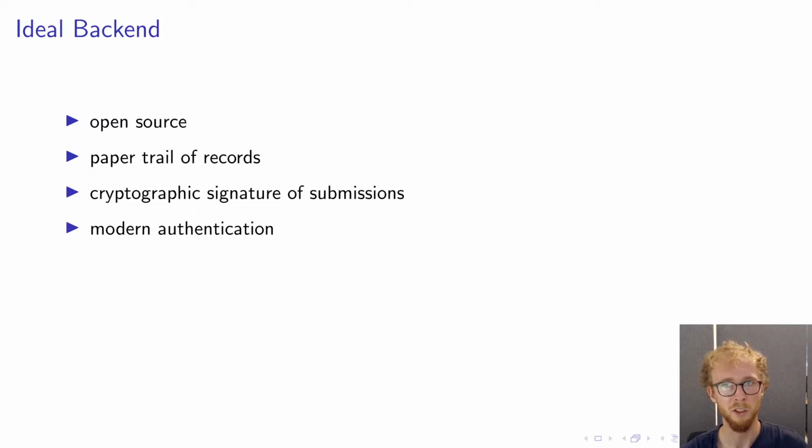We do want modern authentication. So this means no sharing of credentials, ideally 2FA, ideally using some kind of secure second factor like WebAuthn with YubiKeys, so these security keys.